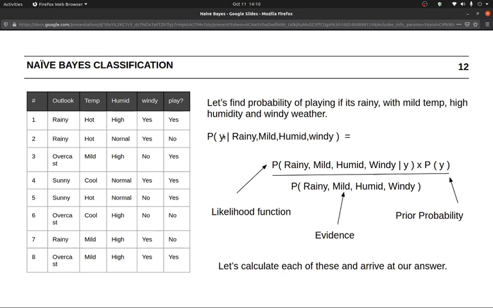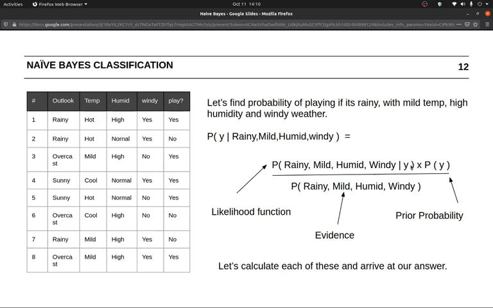So using Bayes theorem, I would rewrite this as converting these posterior probabilities to prior probabilities. I would write this as probability of these features given play is equal to yes.